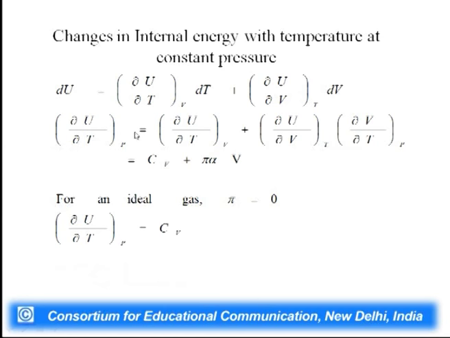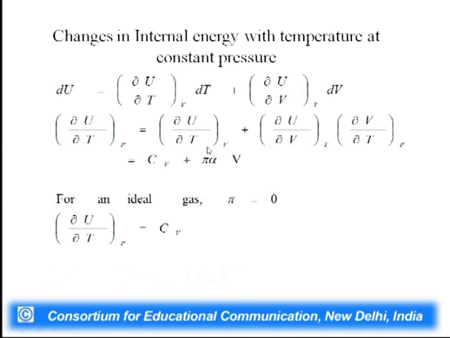What you are going to write is (∂U/∂T) at constant V, and ∂T/∂T gets cancelled out, so this term is equal to 1. Now, if you go to the second term, (∂U/∂V) at constant T and (∂V/∂T) at constant pressure.